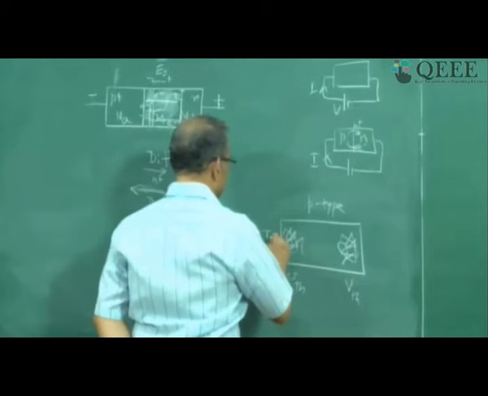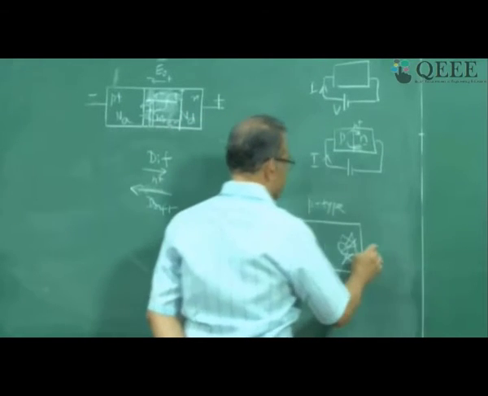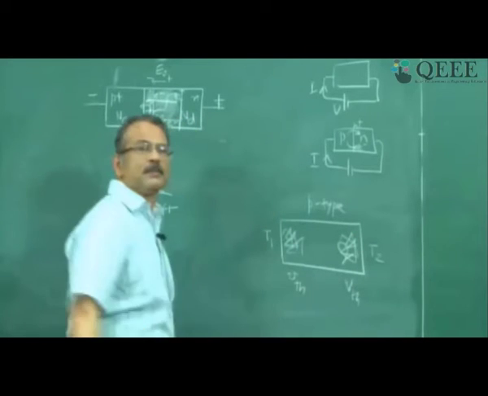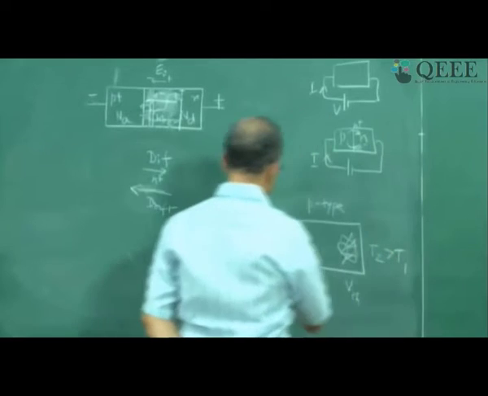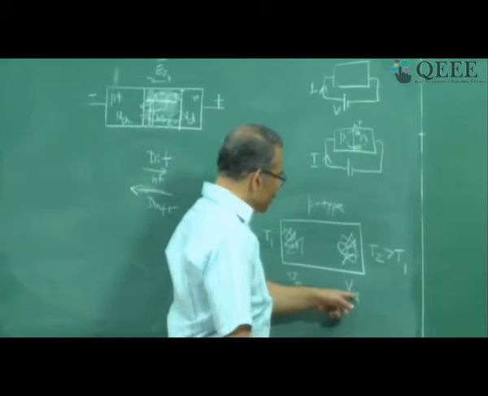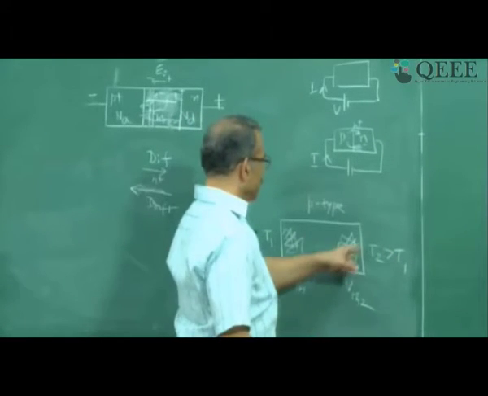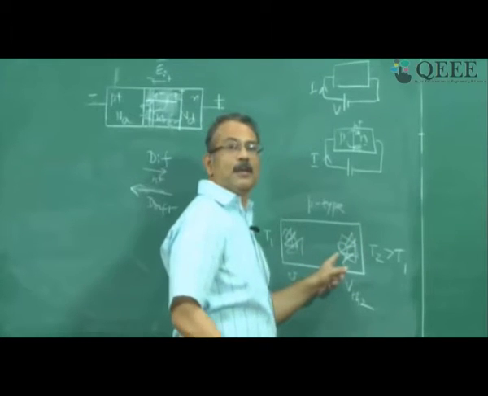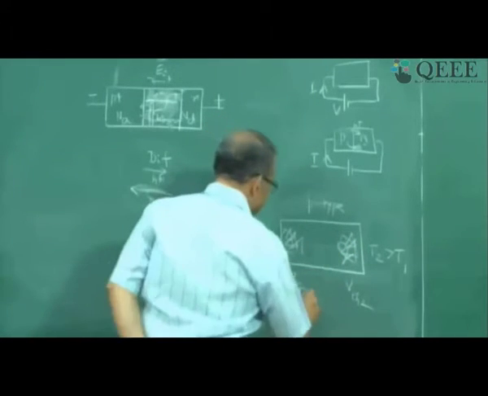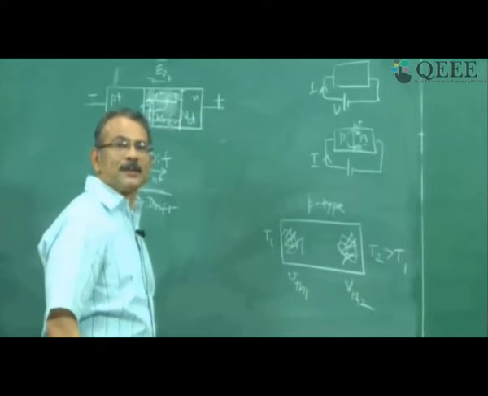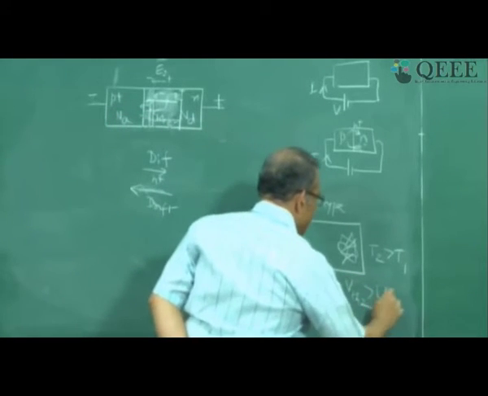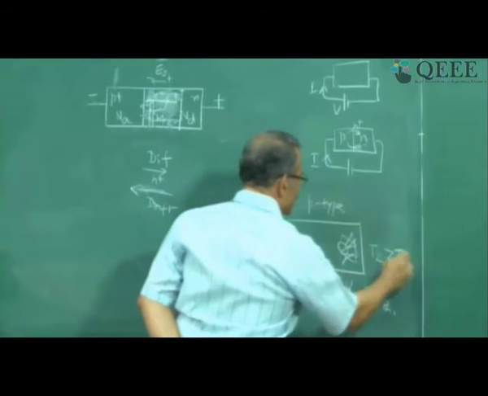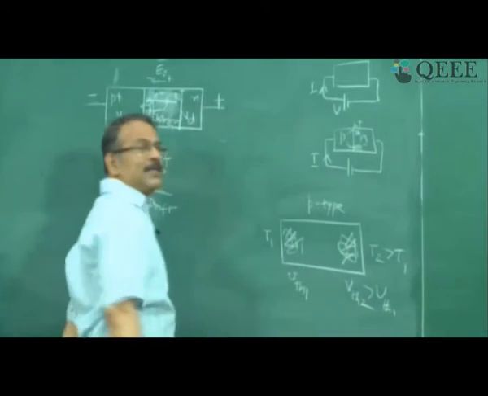Suppose I now apply a temperature gradient. I say T2 is more than T1. Now this thermal velocity will be more, whereas this thermal velocity is less. So VTH2 is more than VTH1 because T2 is more than T1.